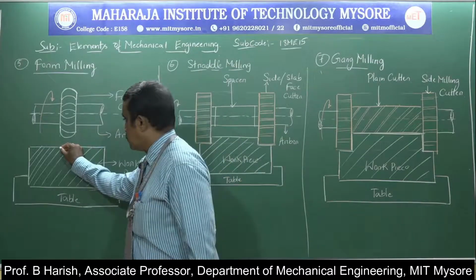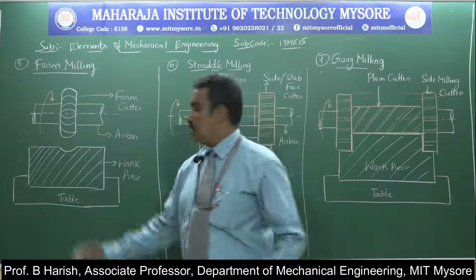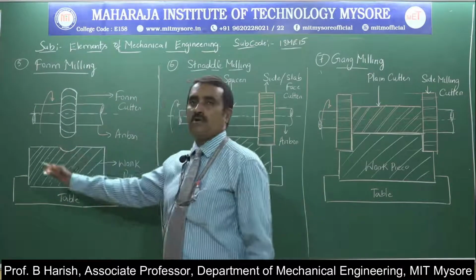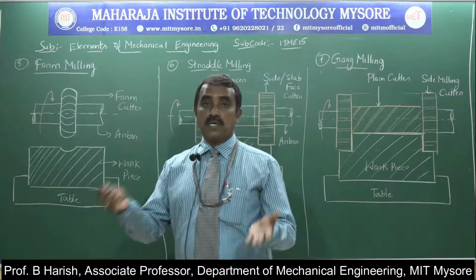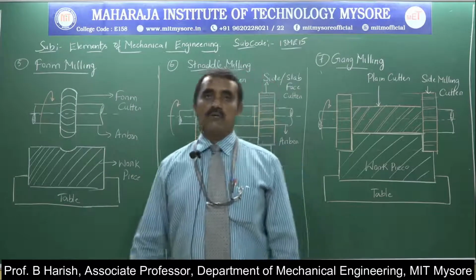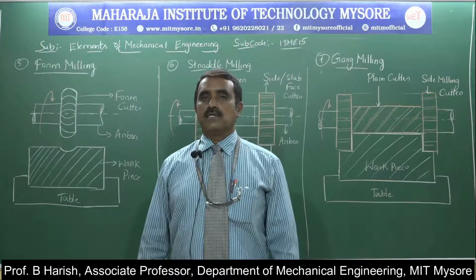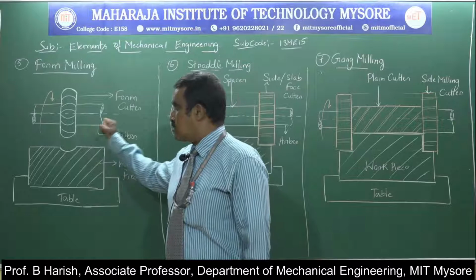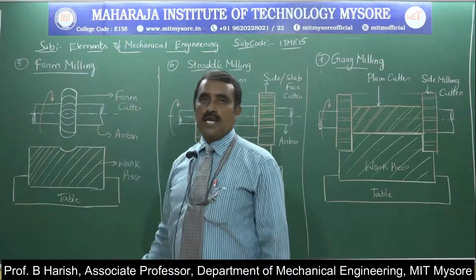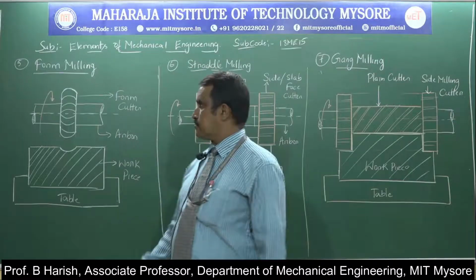You can observe, here it is not required to get a flat surface. I want to get a curved surface, which can be in concave shape or convex shape. As the figure makes clear, it is performed on a horizontal milling machine.